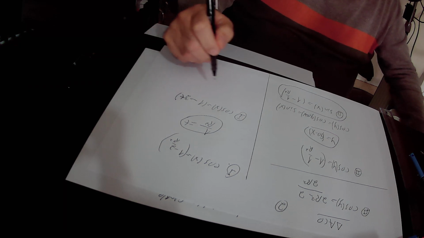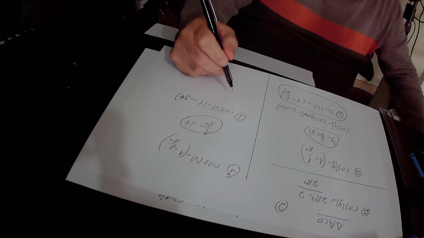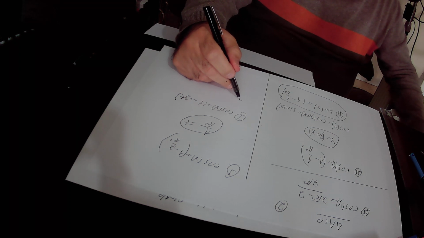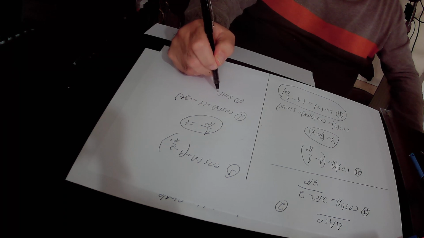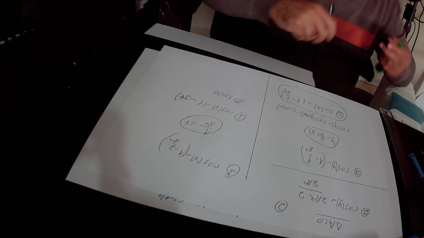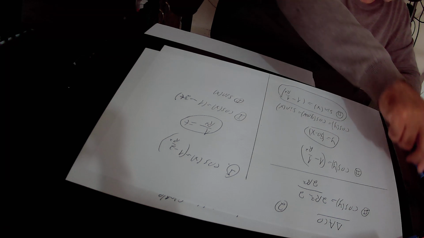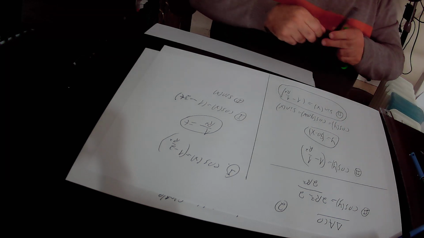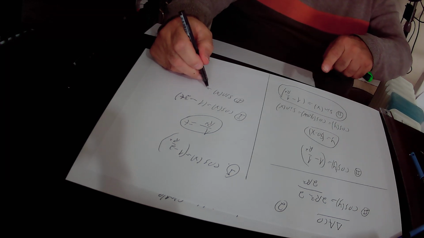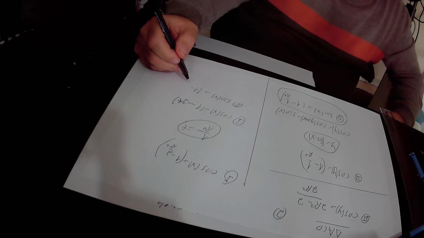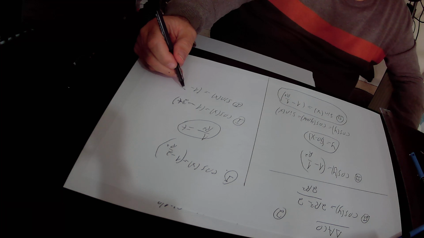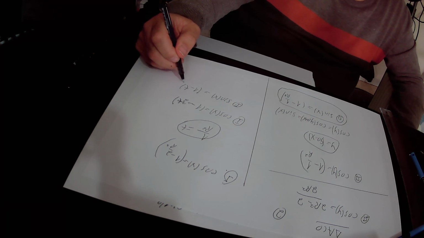This is cosine x, and sinus x equals 1 minus 1 over r square, but 1 over r square is t, so it is 1 minus t.